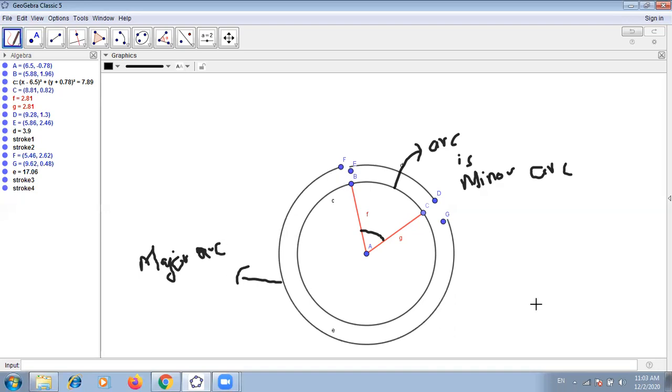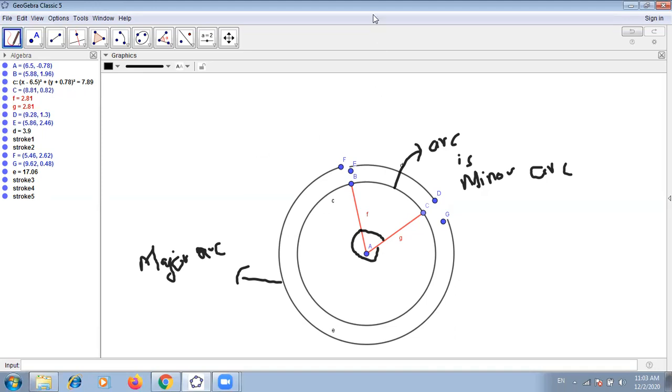So if the arc is greater than a semicircle, it is a major arc, and if the arc is smaller than a semicircle, it is a minor arc. The arc formed by less than 180 degrees is a minor arc, and the arc formed by greater than 180 degrees is a major arc. So these terminologies we should remember for starting a new chapter.